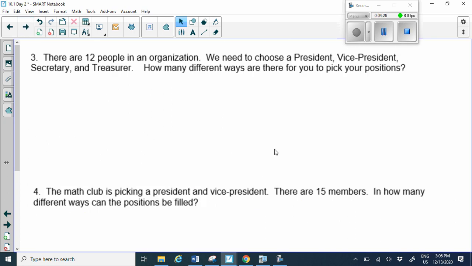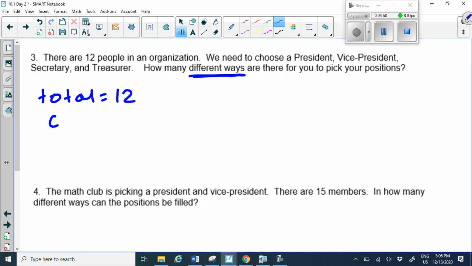Okay, so there are 12 people in an organization. We need to choose a president, vice president, secretary, and treasurer. How many different ways are there for you to pick your positions? So different, we always want different. That's always going to represent permutations, because order does matter, so we want different ways. So let's say we have 12. So 12 is the total. We want to choose, well, how many officers?